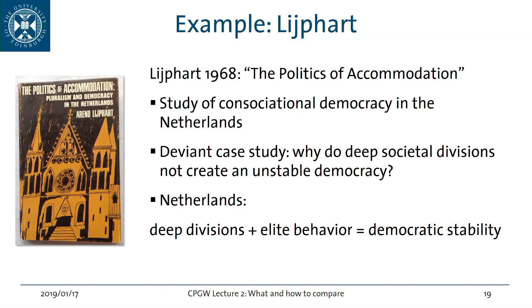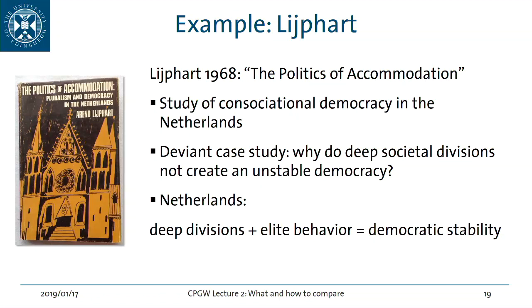I don't want to single you out. Anyway, there's something in the Netherlands called pillarization, which means that there are very distinct slices of the population that are, for example, Catholic. There are other slices of the society that are Protestant, and they often come with their own societal organizations, their own schools, sometimes their own universities, and so on. So there were very deep societal divisions within the Netherlands, and they'd been that way for hundreds of years.